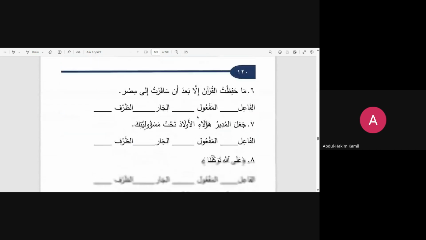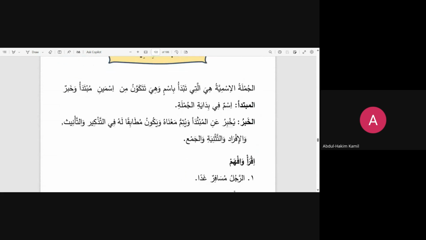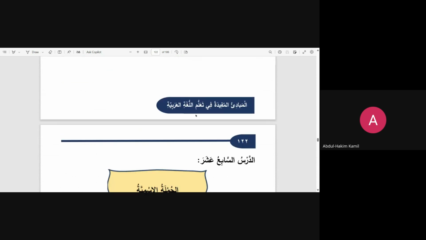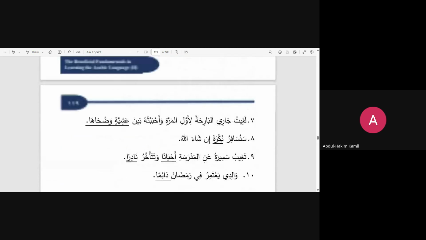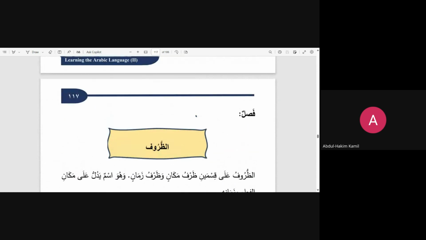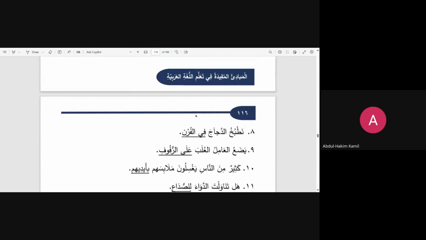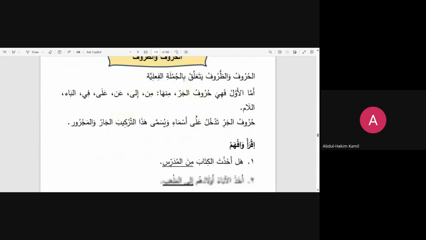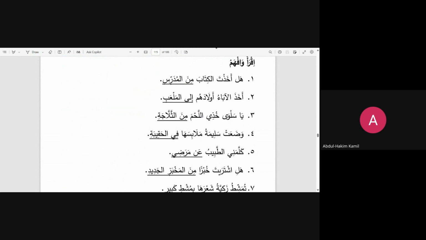You have the zaman. You got a lot of work. After we finish that, Jumla Ismiya. After that, we're going to be in the sentence that starts with nouns next week. We're almost finished. Allah make it easy. We're going to read these sentences tomorrow when we come to class. That's on page 115. This is our lesson for the day.